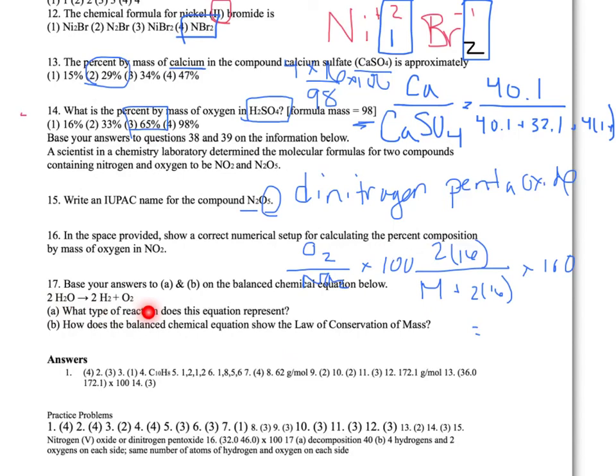Well, we have the same number and types of atoms on both sides, so matter is not created or destroyed. We have 4 hydrogens and 2 oxygens on the reactant side, and 4 hydrogens and 2 oxygens on the product side. This concludes the mole and stoichiometry review.